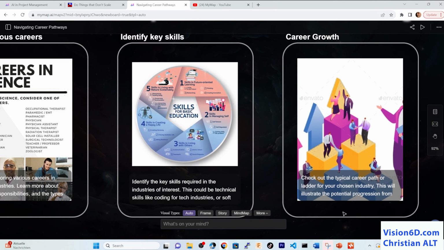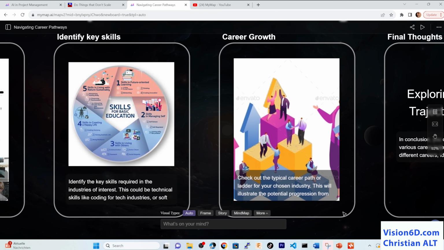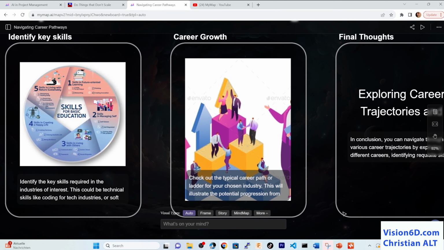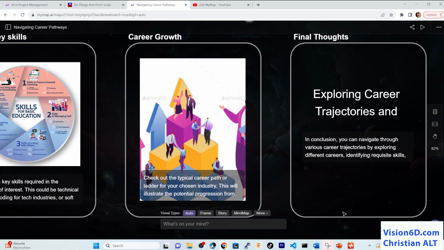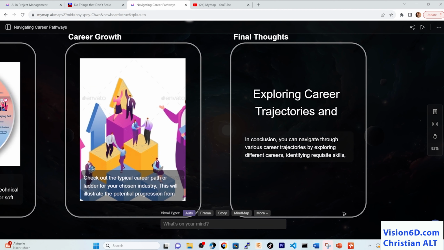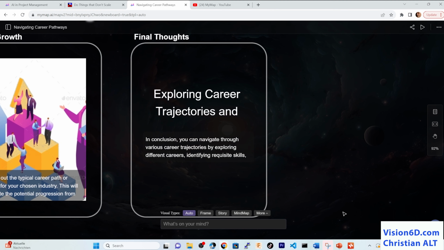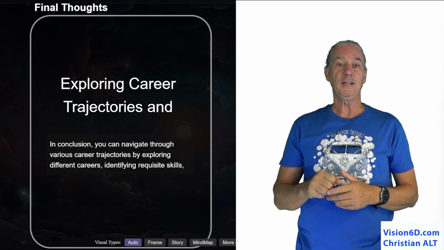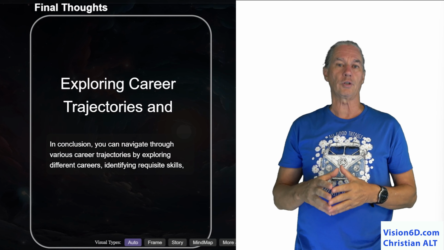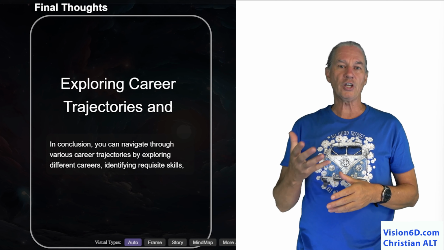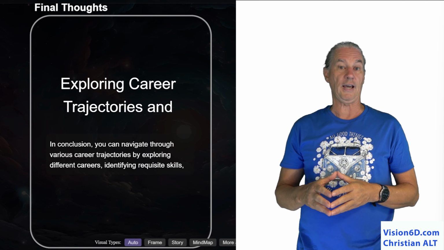The third one is about the skills necessary at each stage for a career path. And the fourth one is the growth or evolution that is possible for a given path. The 5th card is a kind of conclusion about the plan and the general thoughts you have to take out.